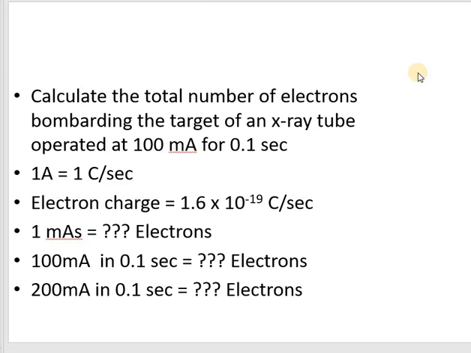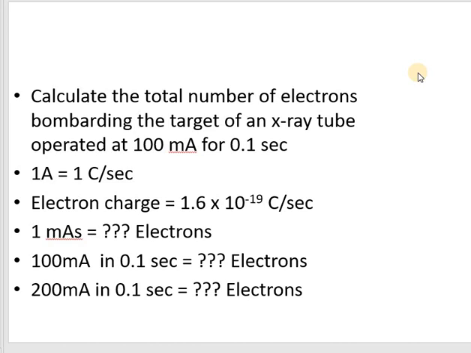In practical terms, ampere is a measure of the amount of electric charge passing a point in an electric circuit. 1 ampere is equivalent to 1 coulomb per second.